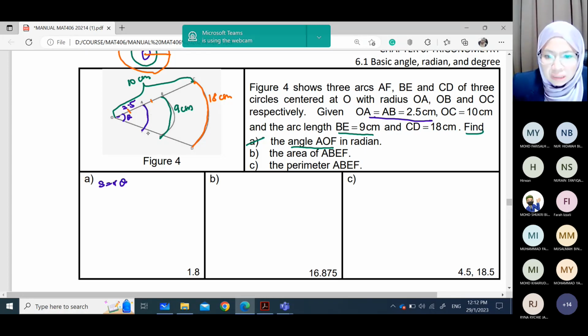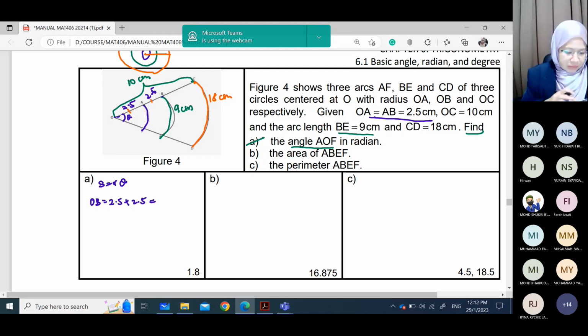Okay, alright. So sekarang kita nak cari yang ni. Length bagi biru ni dia tak bagi kan. Jadi kita ambil yang radius bagi OB. Okay, cuba buat sama-sama. So radius OB sama juga dengan 2.5 plus 2.5 ataupun 2 times 2.5.